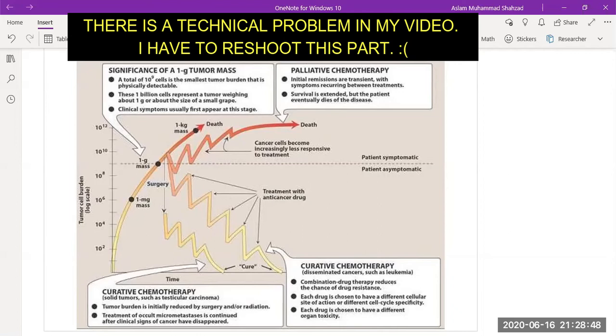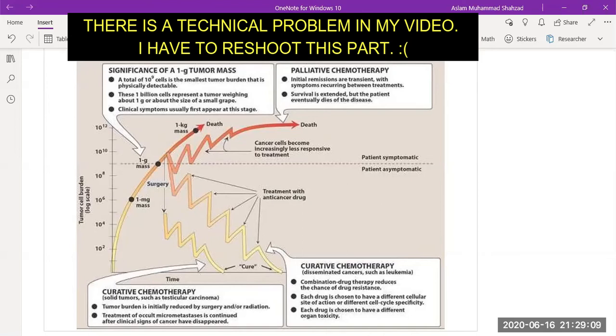With chemotherapy, with different multiple drug regimens, with the passage of time, the mass which is equivalent to 1 gram or containing 1 billion cells declines with time, and then the patient recovers. So curative chemotherapy is more about the treatment.